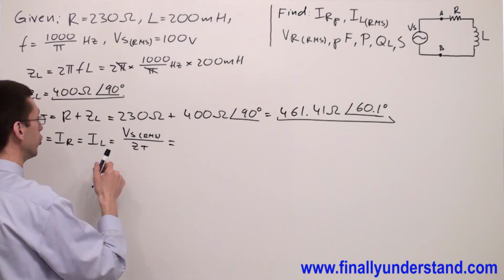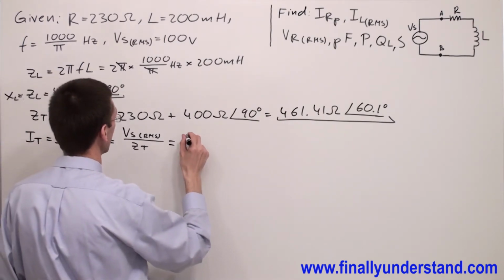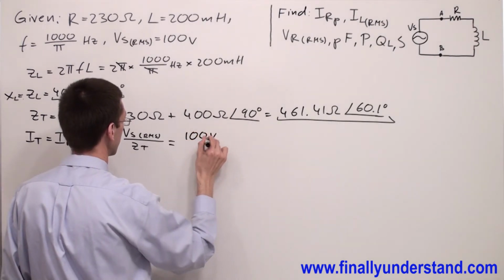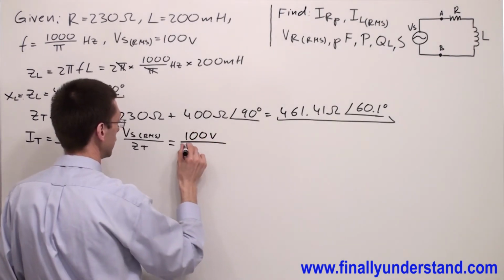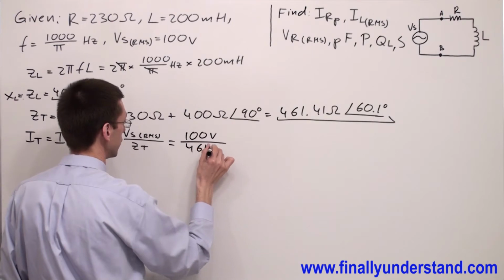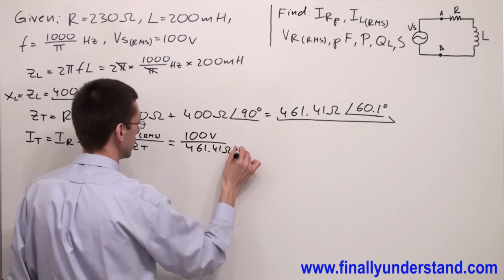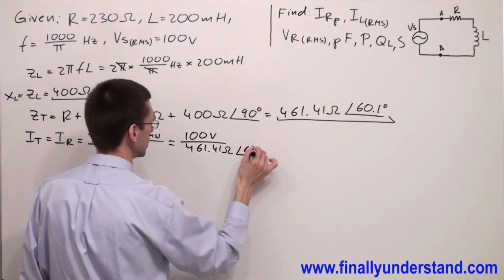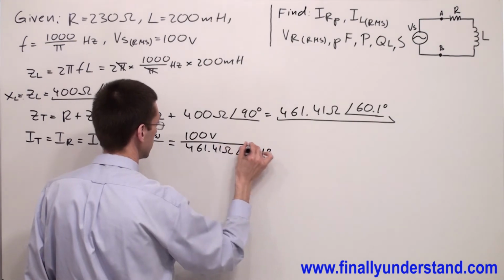So I have voltage source 100 volts divided by 461.41 ohms and angle of 60.1 degrees.